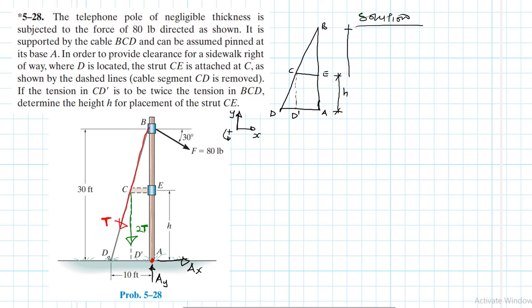And this whole height here, then this height here up to there is going to be equal to 30 minus H, because this whole height here is 30 feet.